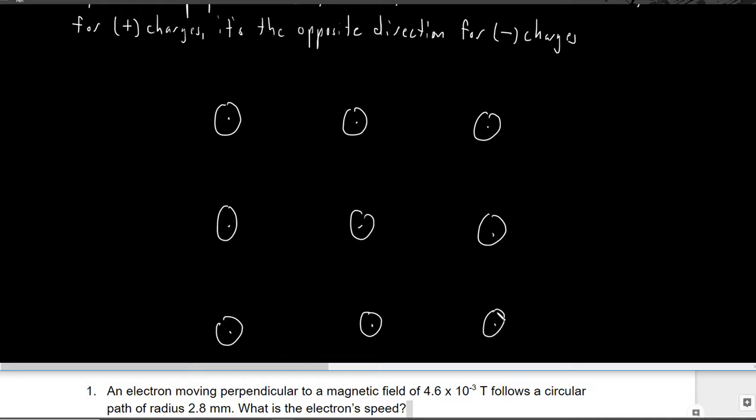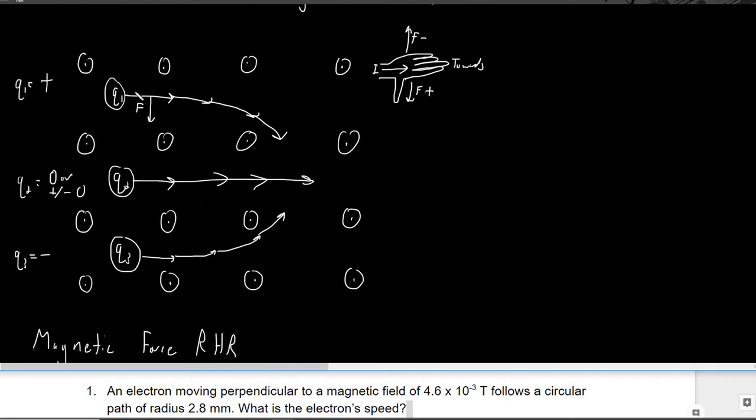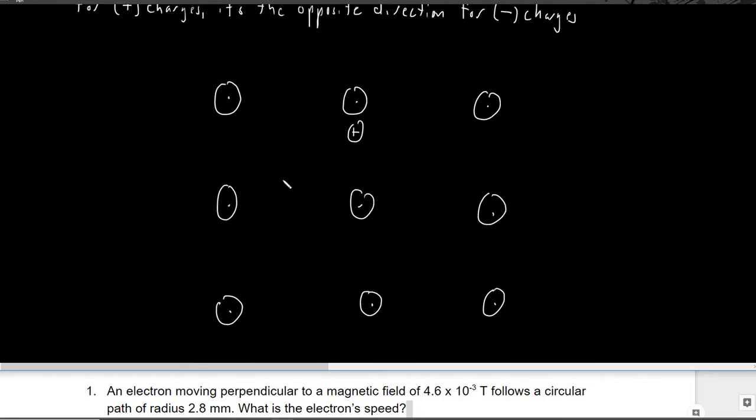Essentially what it says is if I'm working with a positive charge, so long as the magnetic field's coming out of the screen towards us, and if my particle starts moving off to the right, it's going to be deflected downward. My force will be downward.